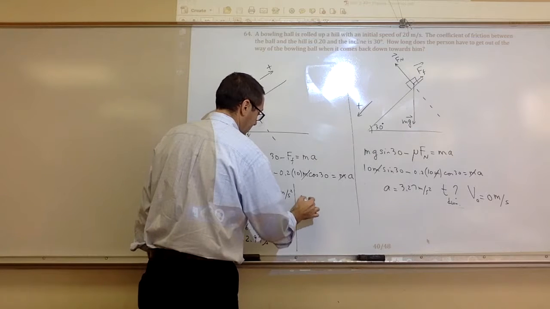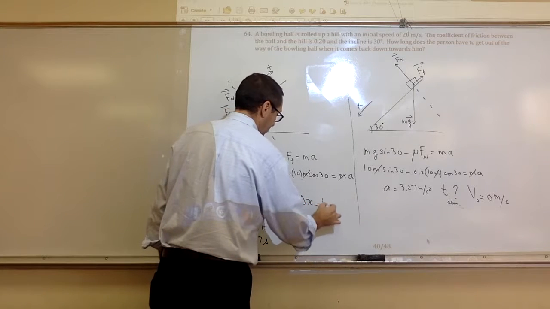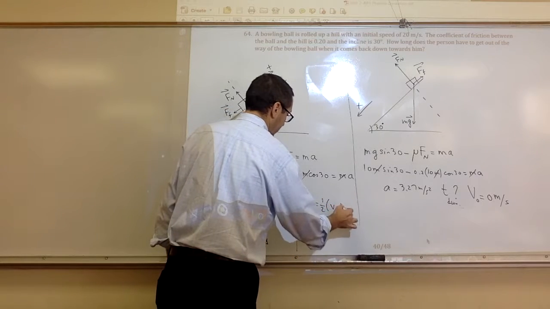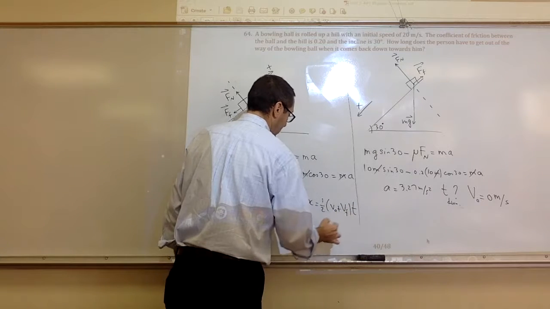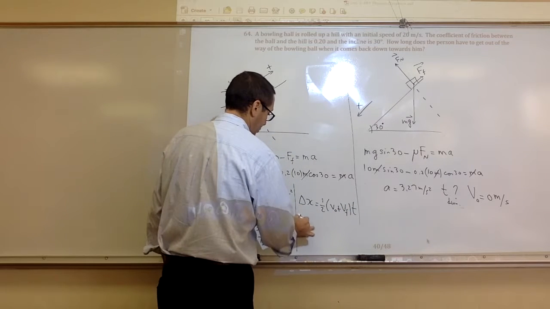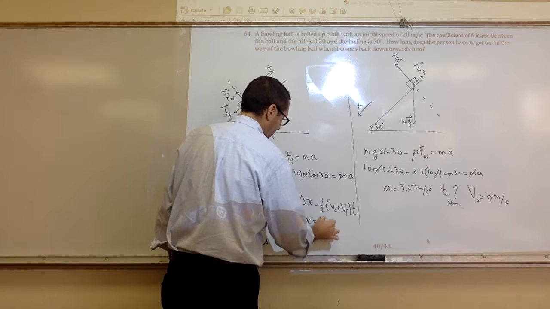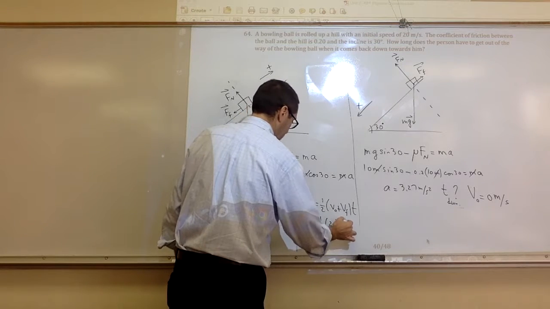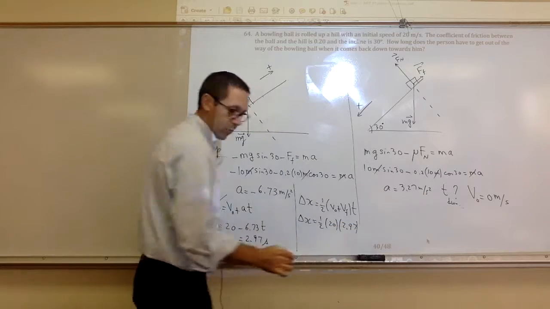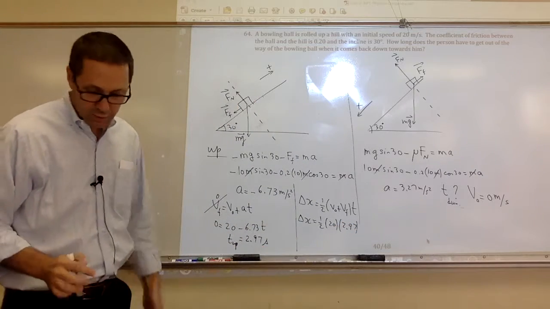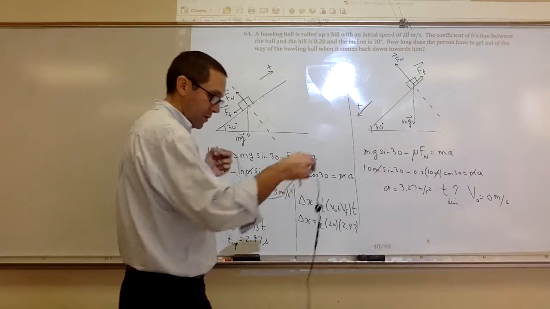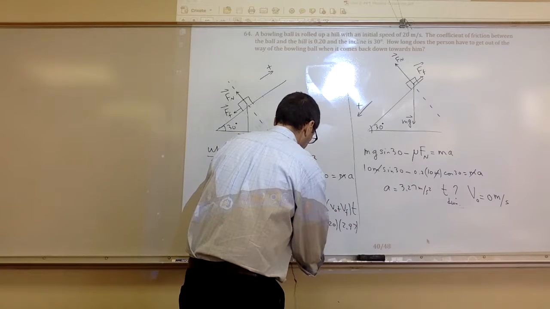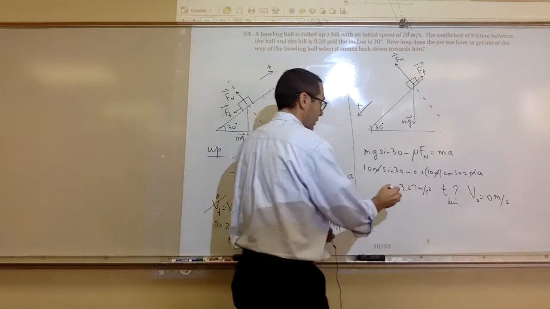We can say delta x is half the initial velocity plus the final velocity times the time to go up. Delta x is half. This is 20. The final velocity is 0. And the time is 2.97. And we should get a distance equal to 29.7 meters. So now we can use that here.